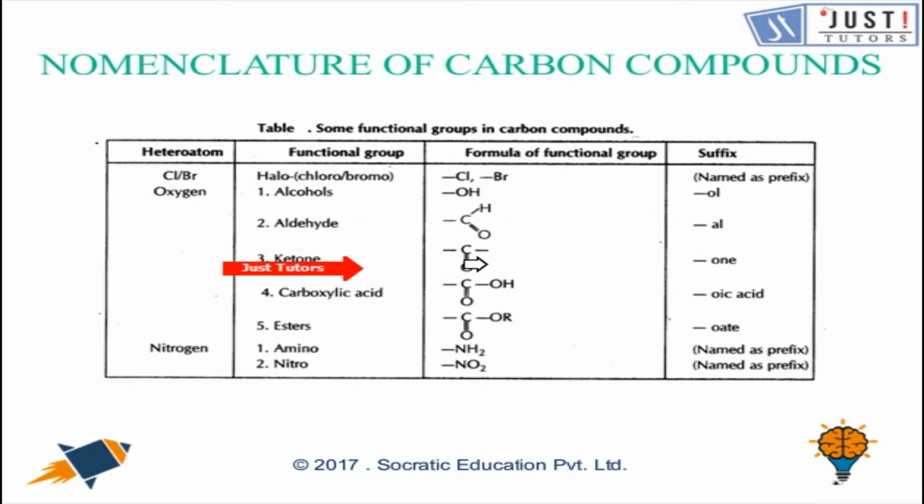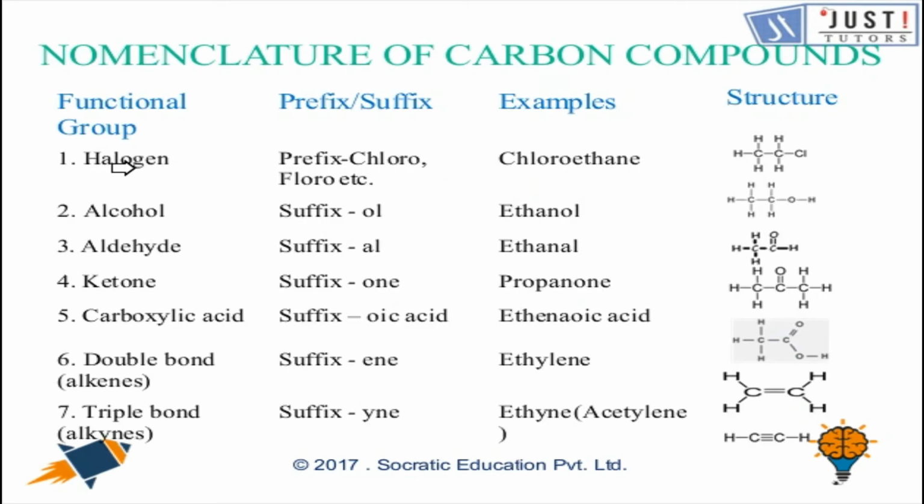And if we have a ketone group, we say one, as in propanone. For carboxylic acid, we have oic acid. These are the suffixes which we can use. Let's take some examples. Here we have the halogen group. We will use the prefix chloro, fluoro. An example is chloroethane.